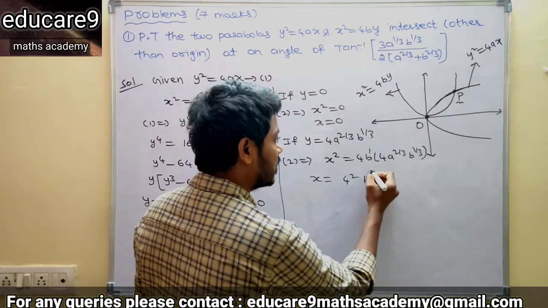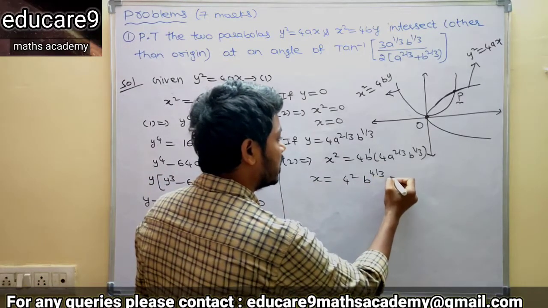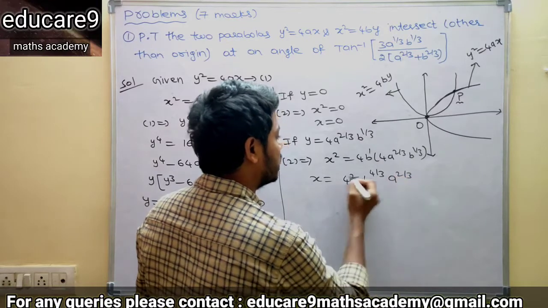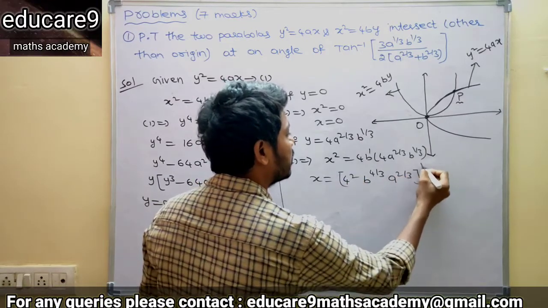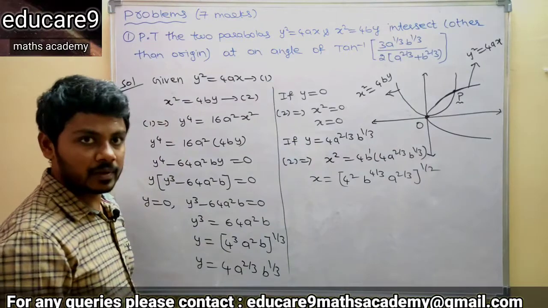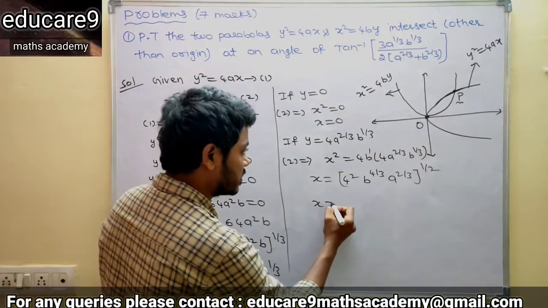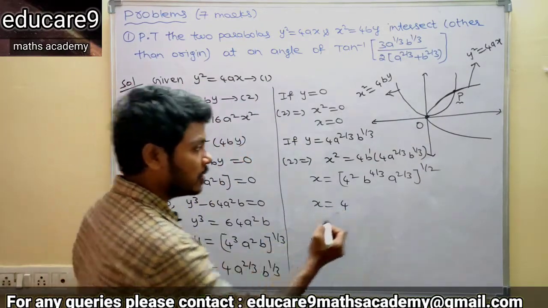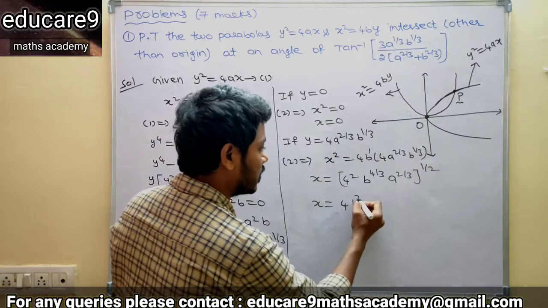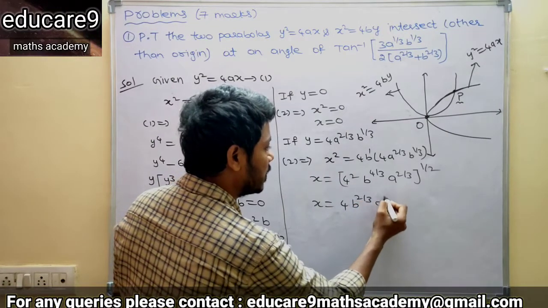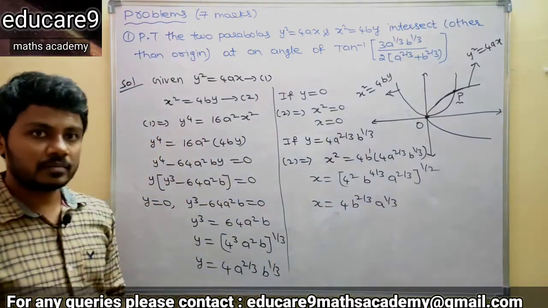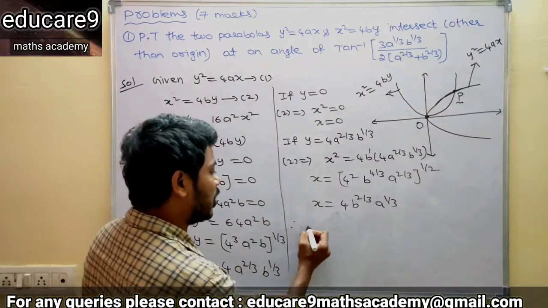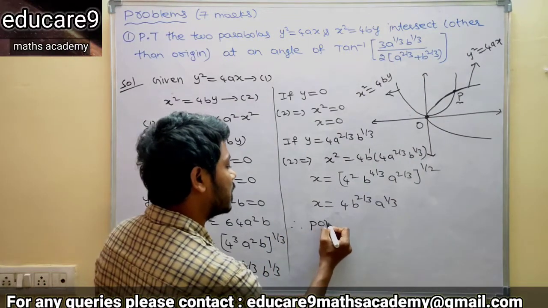So b power 4 by 3 into a power 2 by 3, whole to the power of 1 by 2. Therefore the value of x is 4 b power 2 by 3 a power 1 by 3.